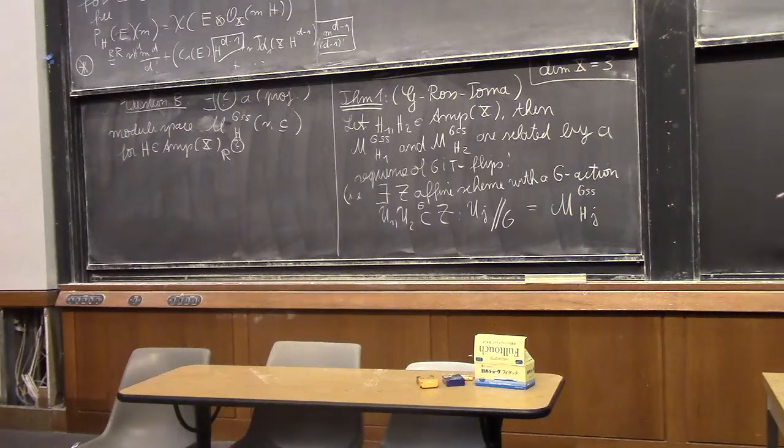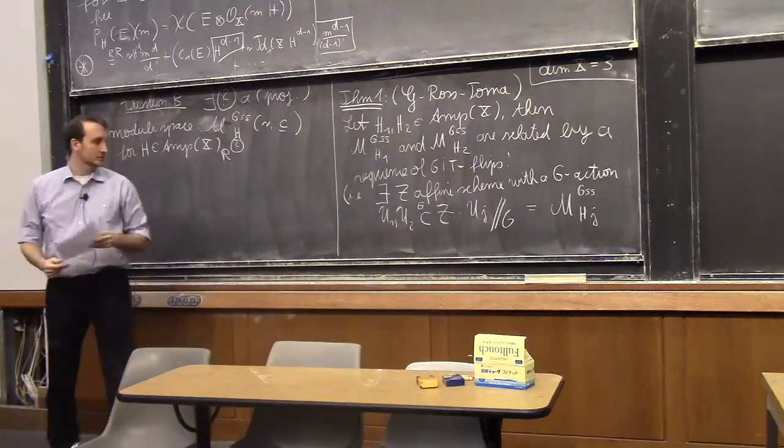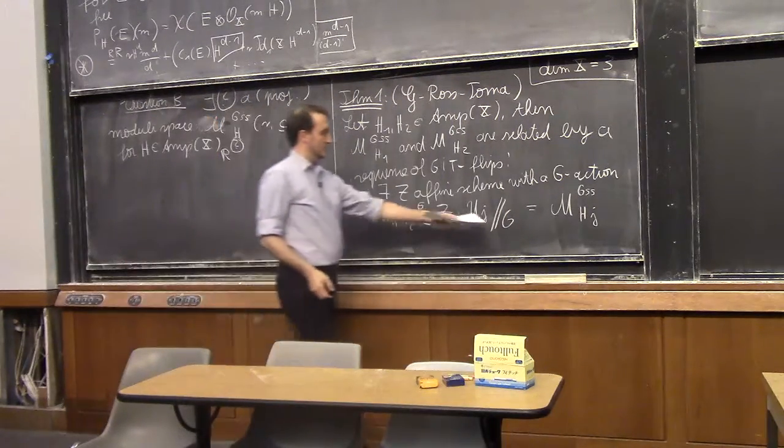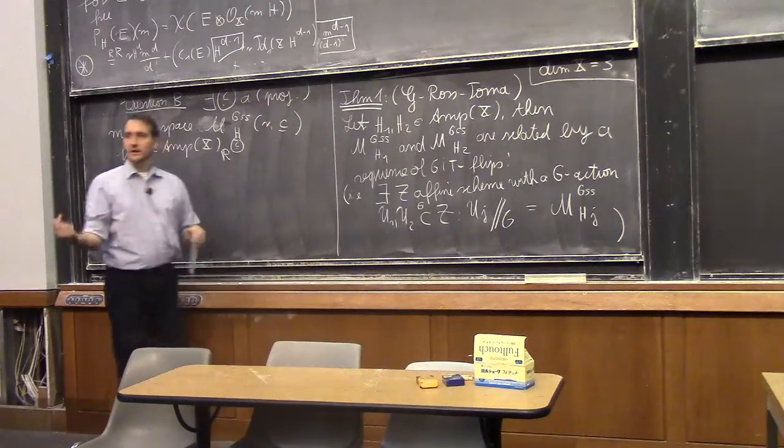So the statement is you construct a big space for which you can construct these two moduli spaces as GIT quotients with respect to the same group, but with different linearizations.